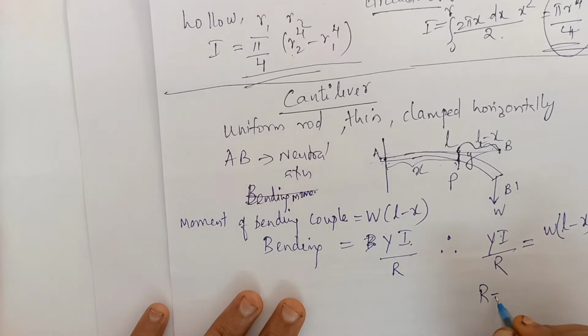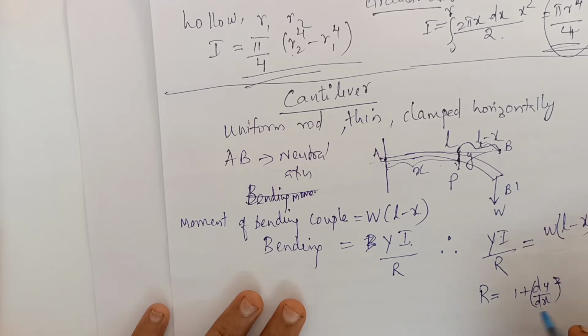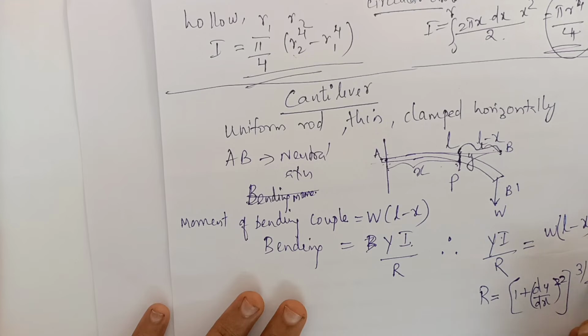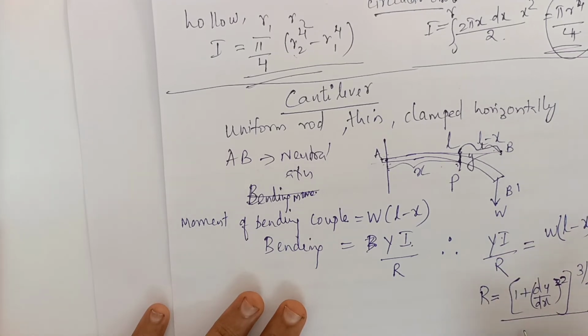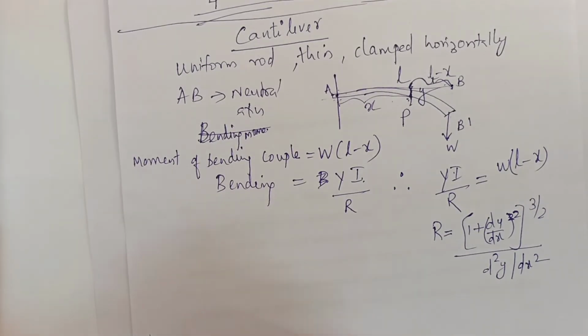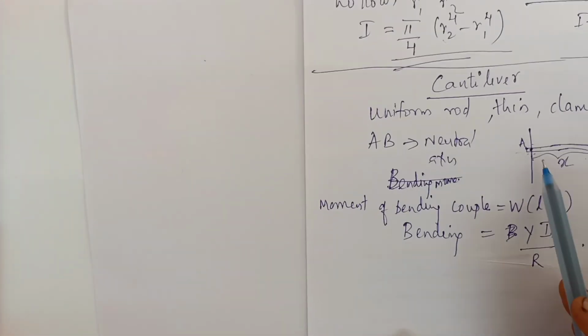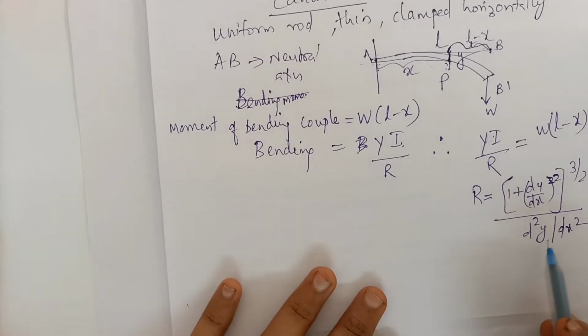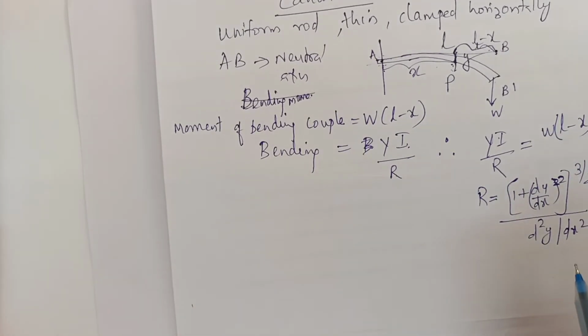Radius of curvature R is given by 1 plus (dy by dx) the whole square, the whole raised to 3 by 2, divided by d square y by dx square. This is the expression for radius of curvature. See, y is the depression of the beam at a distance x, and y is the depression.